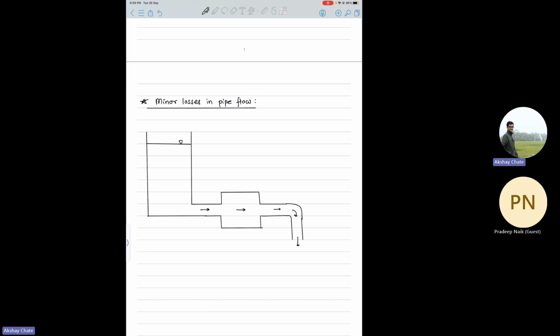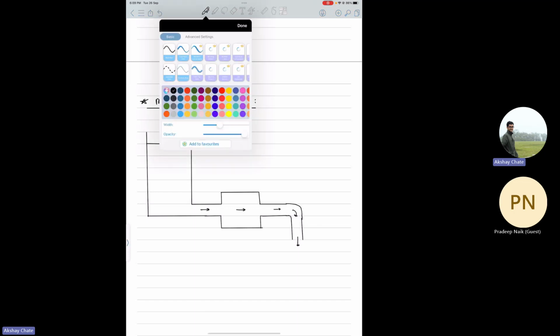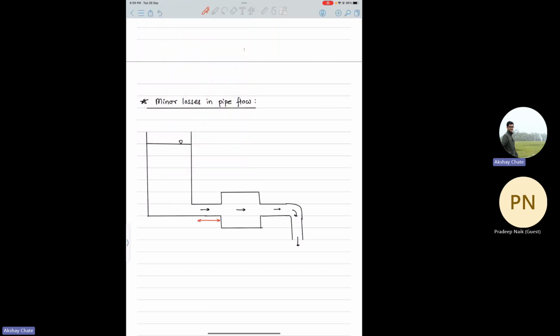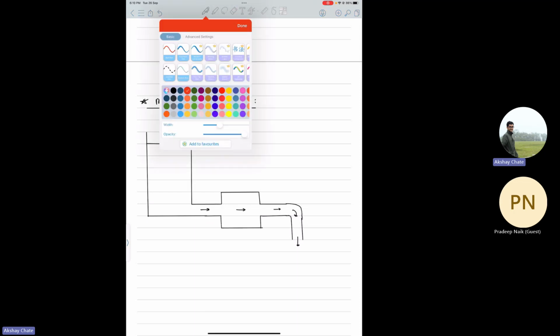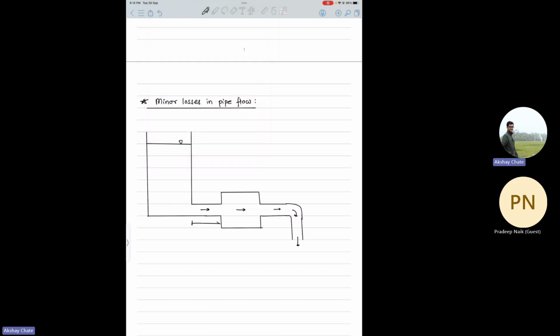In the last class we discussed this. I'll use different colors to highlight different parts. From the exit of the tank, let's say this is length L1.